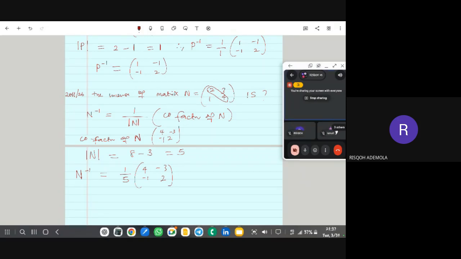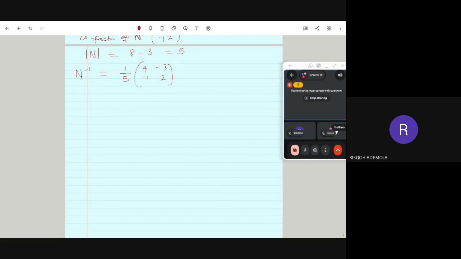Let's solve another question like this one so that you understand. It says if P is equals to 2, minus 3, 1, and 1, what is P inverse? A, 1 over 5, 3 over 5, 1 over 5, 2 over 5.